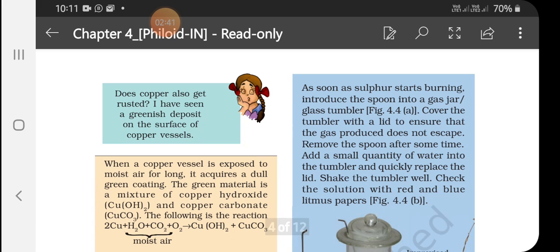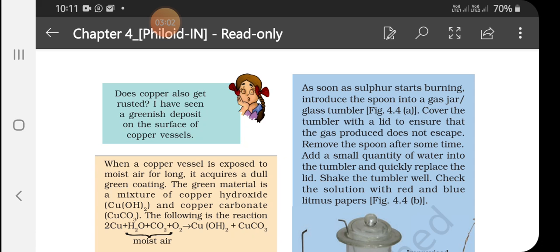Now we can see that many metals like copper also have a greenish deposit on the surface of the vessel. Copper also turns into its oxide, or it may be hydroxide, or carbonate, or a mixture.